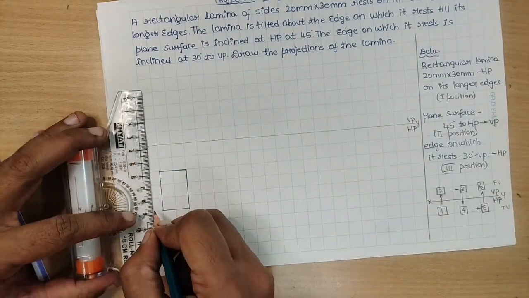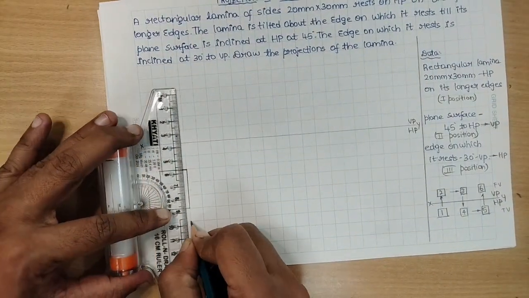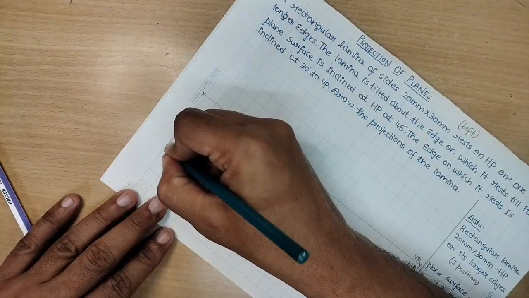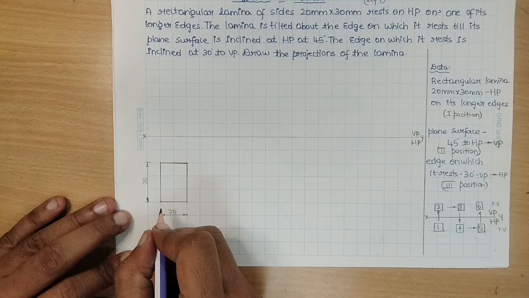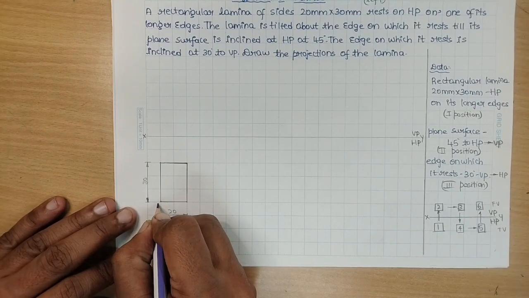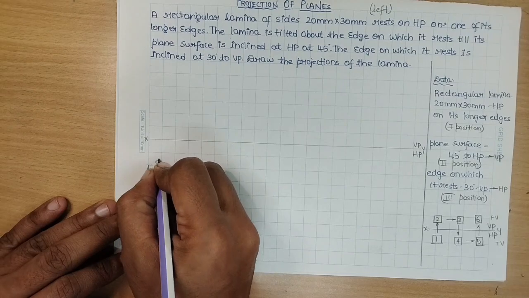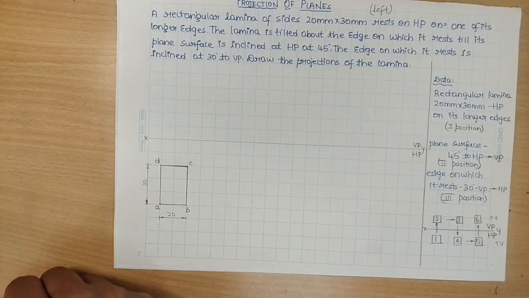Immediately show the dimensions. To name the corners of the rectangle, start from the left extreme bottom corner and move around the geometry in the counterclockwise direction. This would be the points A, B, C, D.